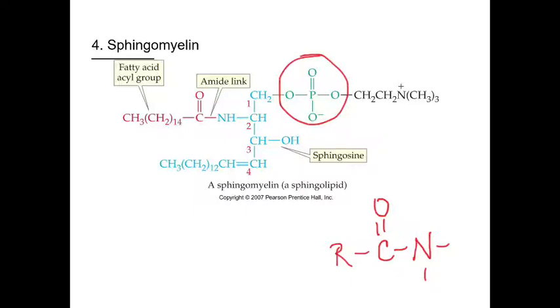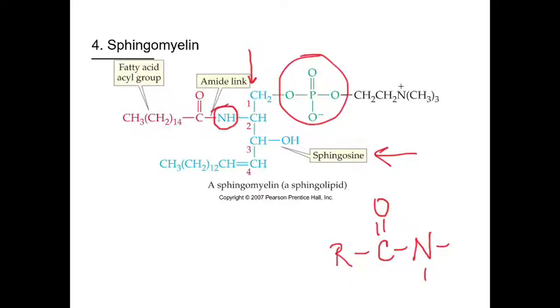What this one has is not a glycerol backbone, but what's called a sphingosine backbone. In a sphingosine backbone, it looks like those 3 carbons. We can see them numbered right down here, 1, 2, and 3. But notice the second carbon is not attached to an oxygen, it's attached to a nitrogen. That's the giveaway.